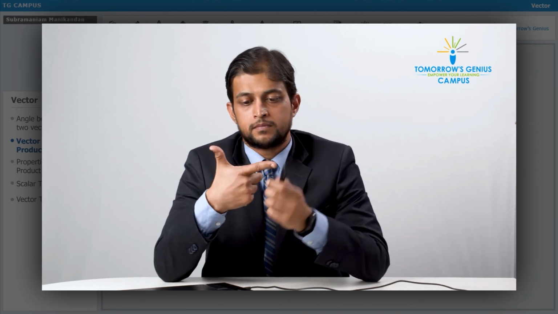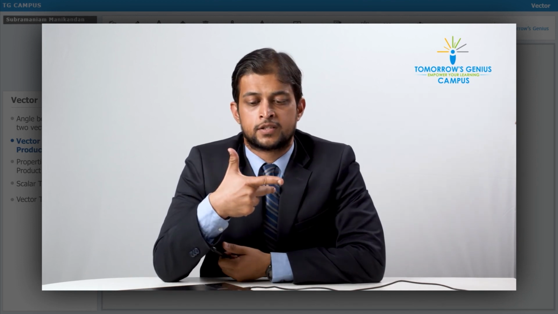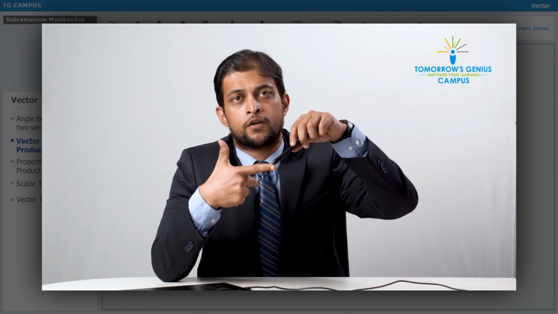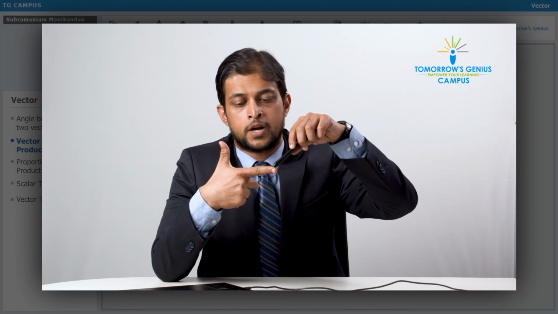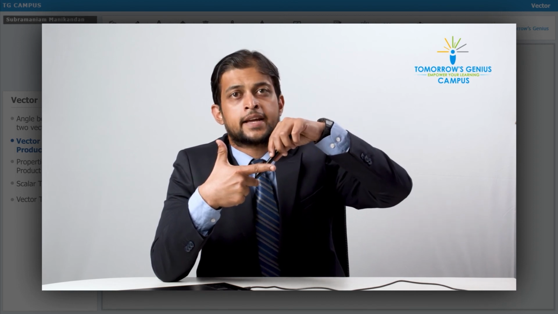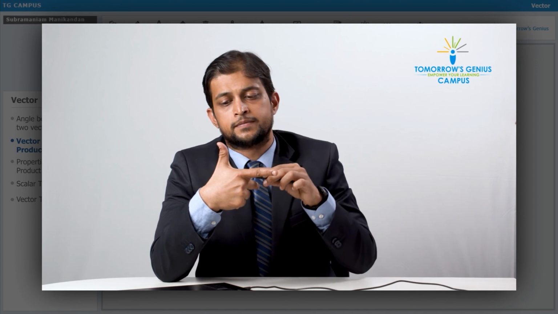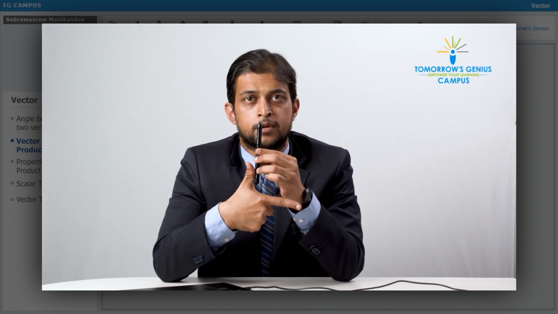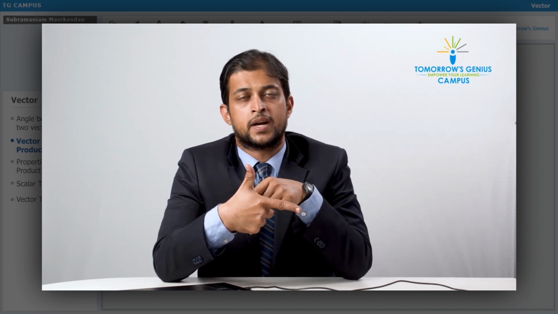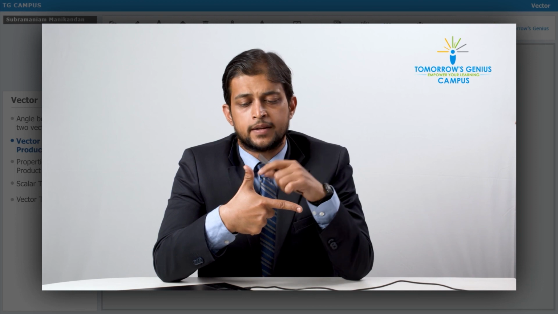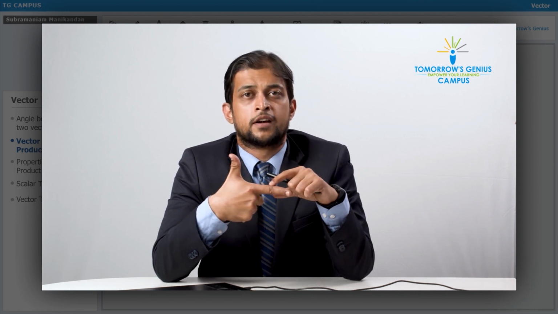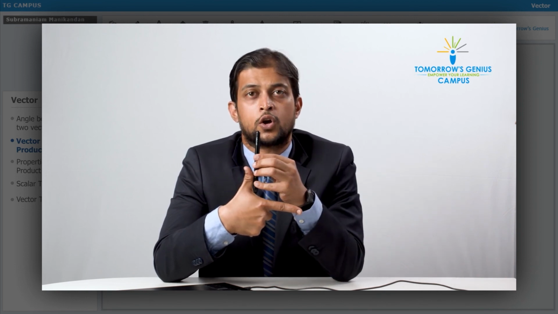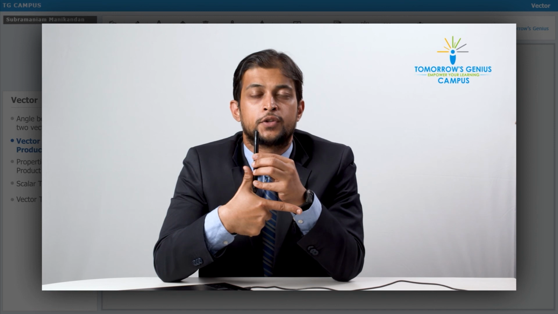For example, if we take the three fingers of our right hand and we take the index finger as one of the vectors of the cross product and the middle finger as the second vector, then the resultant could either be pointing in the direction of the thumb in the same direction or 180 degrees opposite to it, so that if the middle finger and the index finger are considered to lie in the same plane, then their cross product will lie in a plane which is perpendicular to the two vectors.